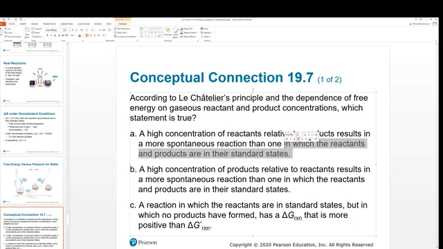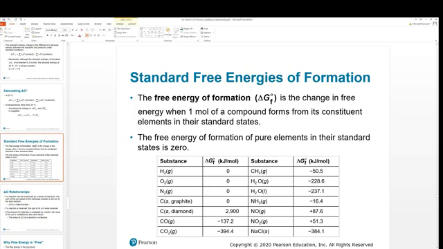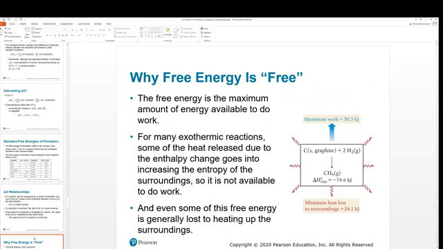So when they're in their standard states, there's going to be no delta G between products and reactants, right? Because standard states are here. There's going to be mostly 0. If they're in their standard states in products and reactants, then delta G is going to be 0. Let's just get that out of the way.